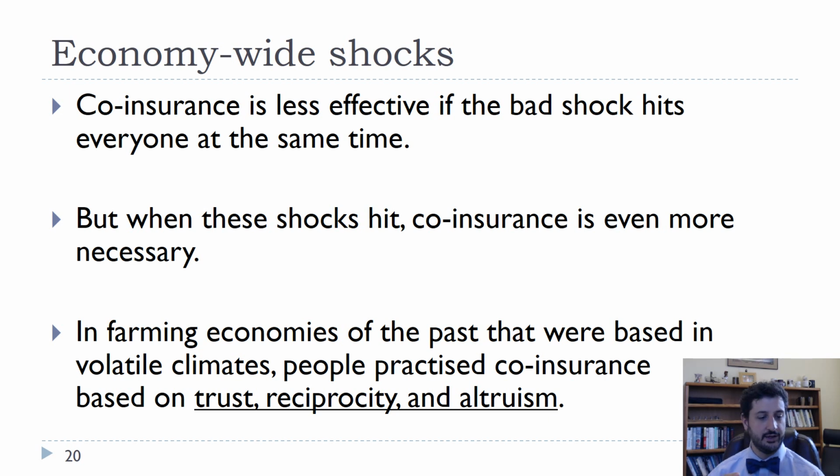In a modern industrialized economy, that means that we need to have programs like unemployment benefits, like food stamps that help people when we have a recession, so that they can pay their bills, they can eat, etc. A lot of this is based on trust, reciprocity, and altruism, and people being willing to pay for those taxes or help out people when they're down on their luck.